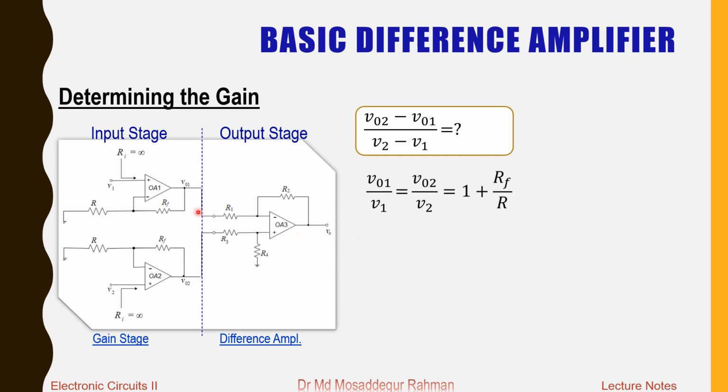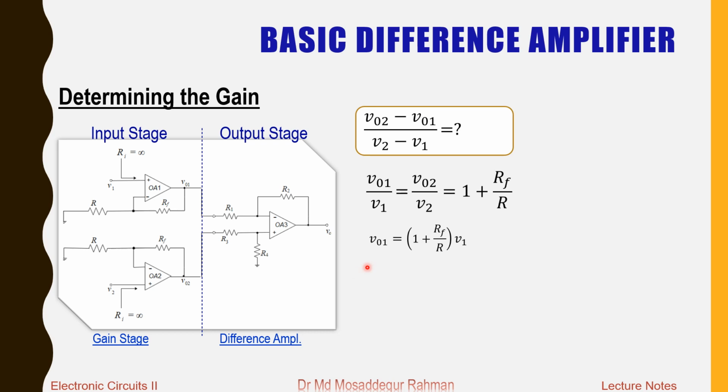Now you see that these two are non-inverting amplifiers, and the gain expression for both of them, for the first one, V01 by V1, V01 output, V1 input, and then V02 by V2 for the second amplifier, V02 output, V2 input, is 1 plus RF by R, that is our well-known gain expression for the non-inverting amplifier, which is the same for both the amplifiers.